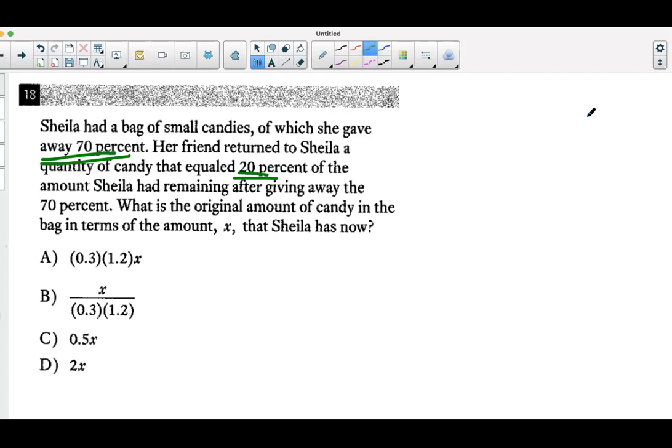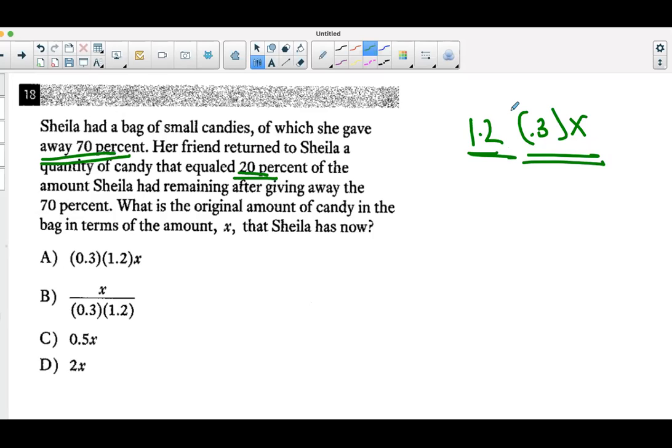She had X amount, but the fact that she gave away 70%, then she has 30% left. But based upon this, her friend gave Sheila 20% of this. But the thing is, 20% has been added on to whatever she has. That means it's going to be 1.2. It's being multiplied.